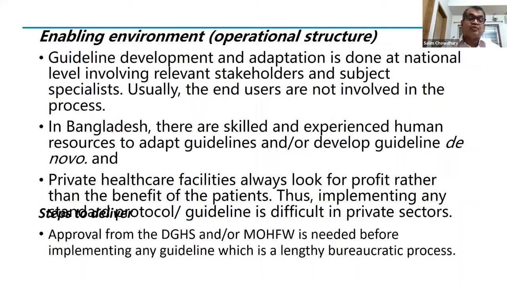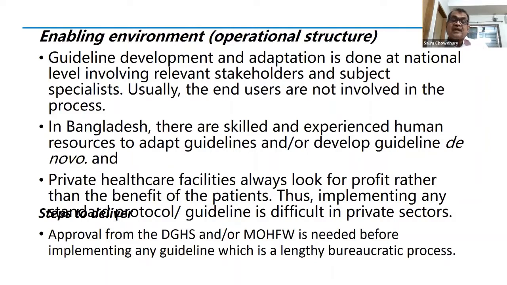Basically, I was part of those guidelines. One is the strategic action plan for lymphatic filariasis elimination in Bangladesh 2020 to 2025, and the other is drowning prevention strategies. These are the two things that we developed, and I was part of the process.